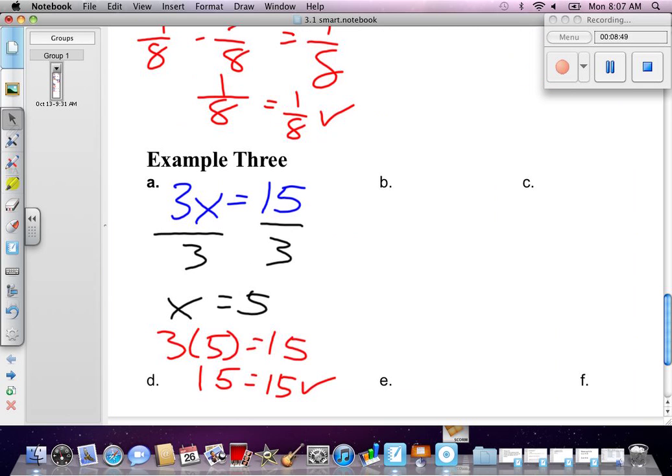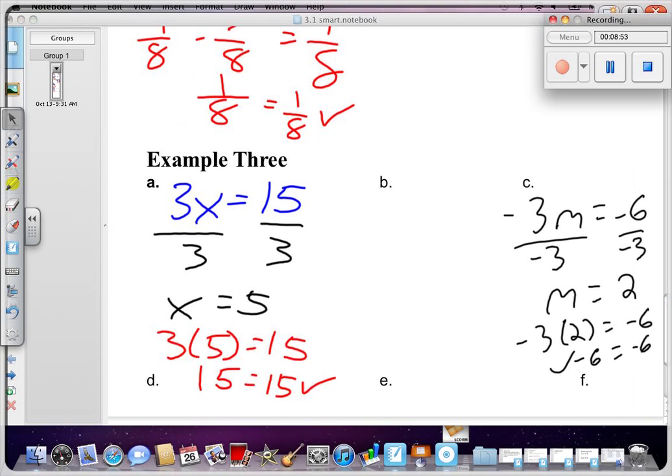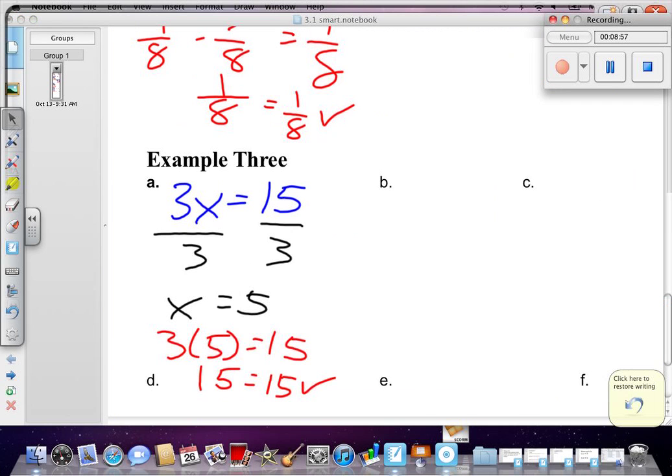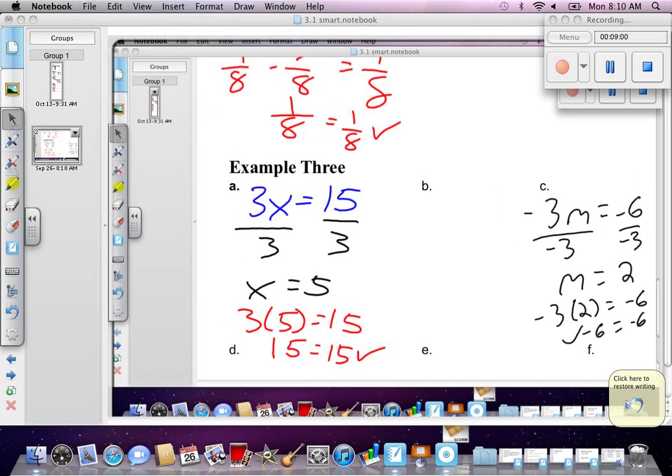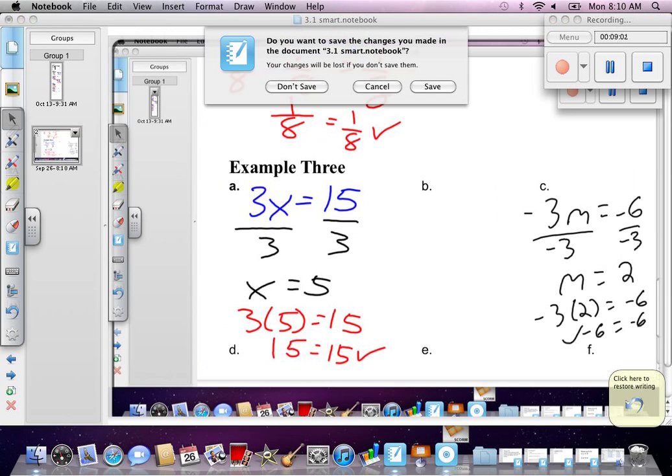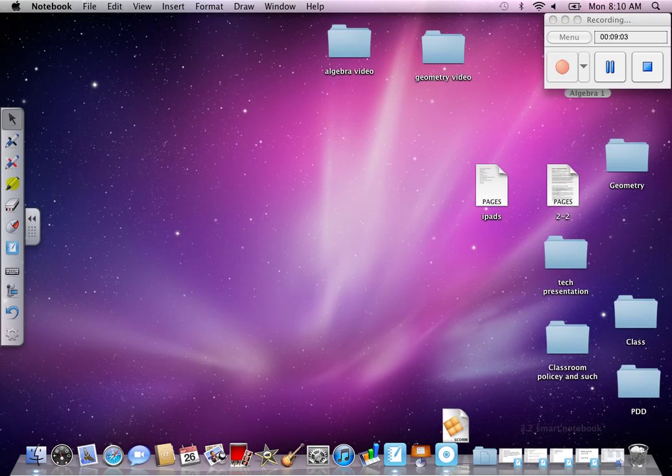Why don't you guys try B and C? Let's look at some of these division ones. Oh. Hold on one second. It should be on the back.